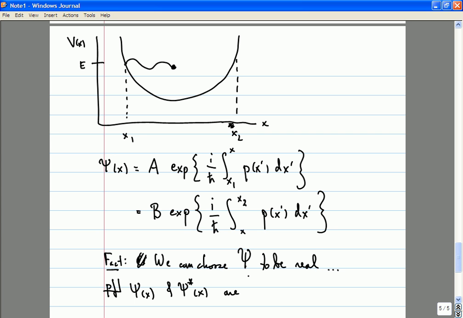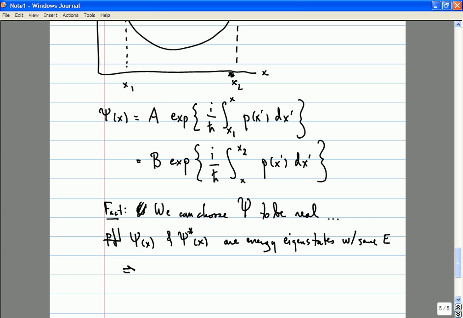So those are energy eigenstates with the same value of E. So that means that, if we assume the energy eigenstates are non-degenerate, then they must be related by a phase.